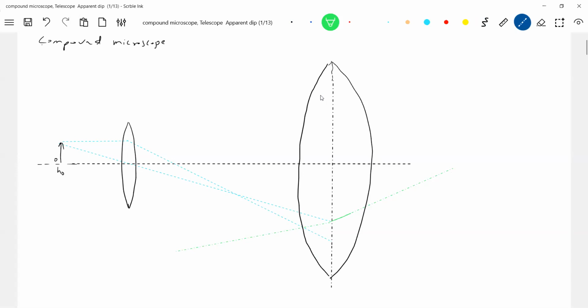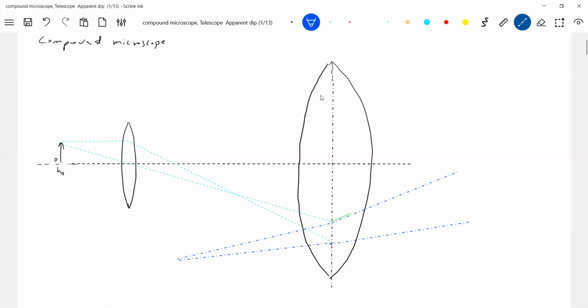Yes, fine. So there's an object. For the time being, let me just take the object as some vertical line here.